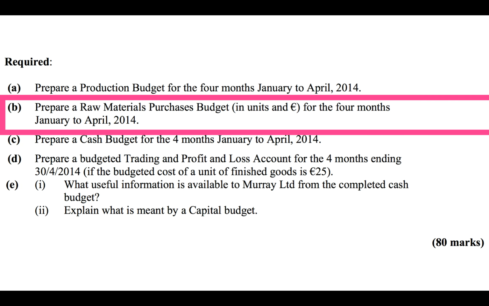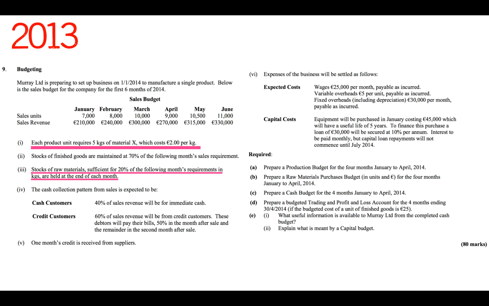So then part B, prepare a raw materials purchases budget in units and in euros for the 4 months January to April 2014. So how many kgs of materials do we need to purchase based on the units that we have calculated in part A, and then how much is it going to cost us? The information that we're going to use is contained in note 1 and note 3.